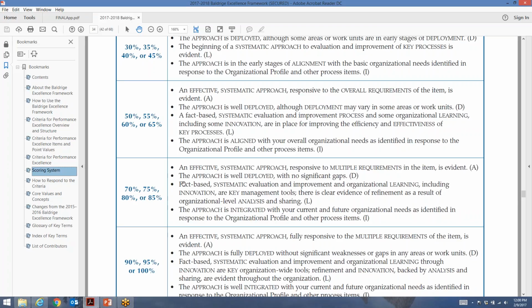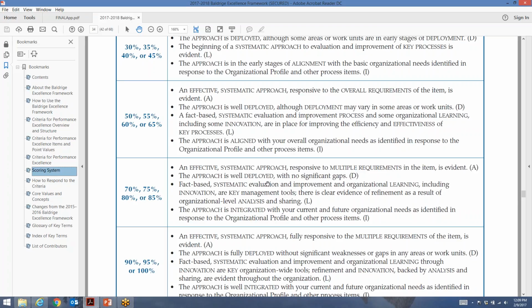So if I want to be in the 70 to 85 range, which again is a pretty high range, we don't see a whole lot of folks there, particularly not right away, but if that's where I want to end up, that's what I want to communicate to the examiner team, then when I'm looking at my writing, what should come through is that I have effective systematic approaches responsive to the multiple requirements.